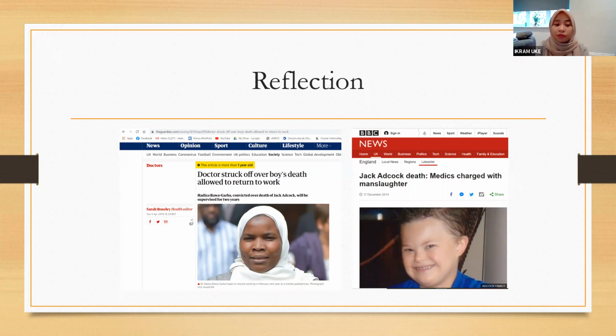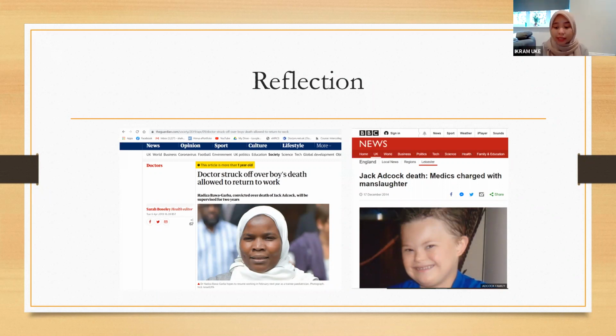It's about a paediatric registrar who was charged with the manslaughter of Jack Adcock, a Down syndrome boy who passed away due to a systems failure. And unfortunately, Dr. Bawa-Garba was then named as, I think, the scapegoat.